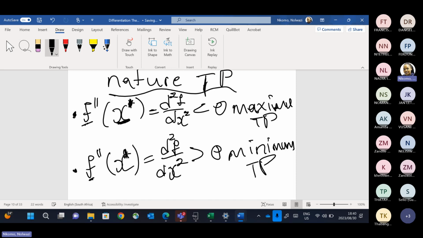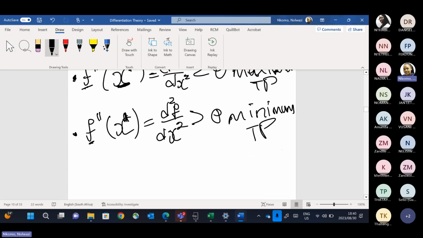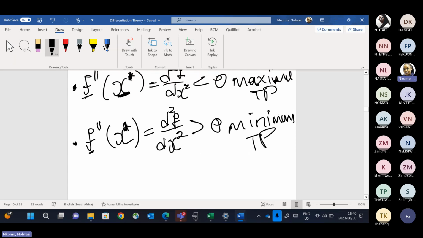Okay, please do not confuse these two. If the second derivative is less than 0, then you will find the maximum point, right? And if the second derivative is greater than 0, then you will find the minimum point. Okay.